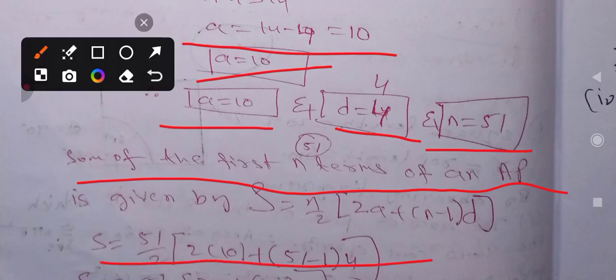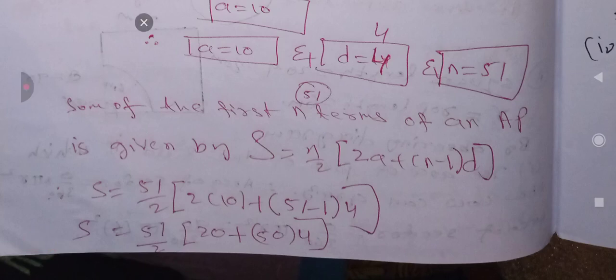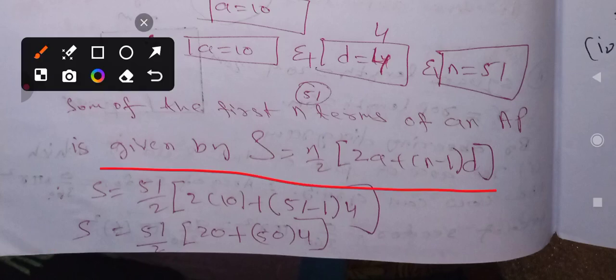S is equal to 51 by 2 times (2 into 10 plus (51 minus 1) into 4). S is equal to 51 by 2 times (20 plus 50 into 4). Okay.